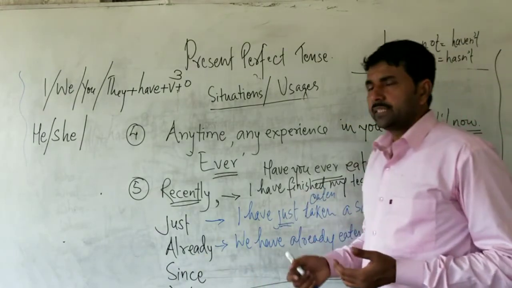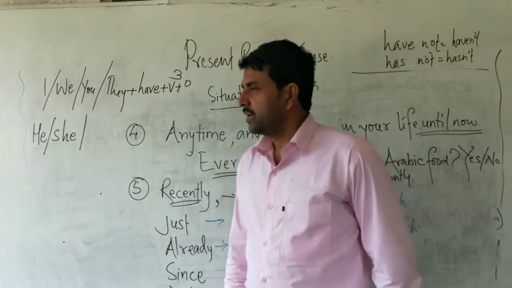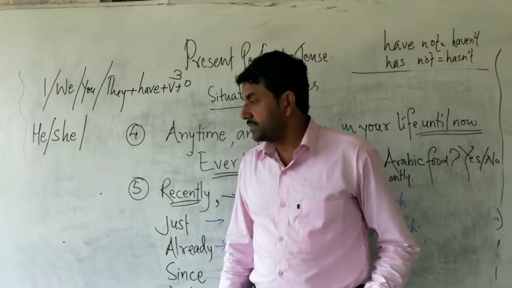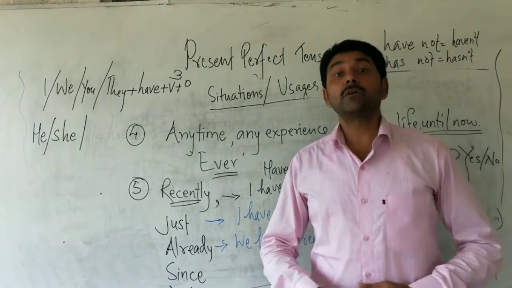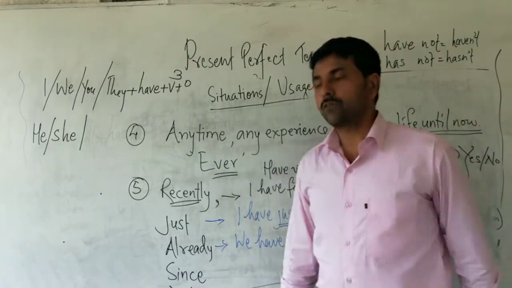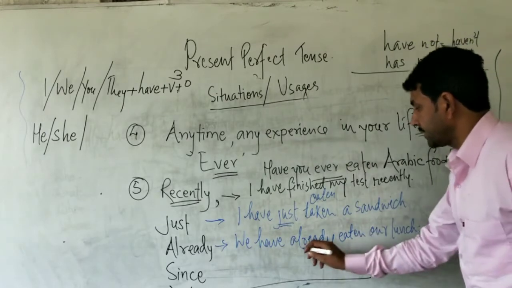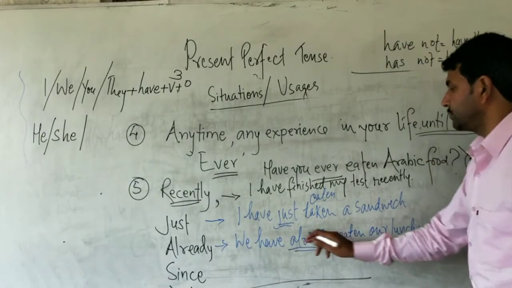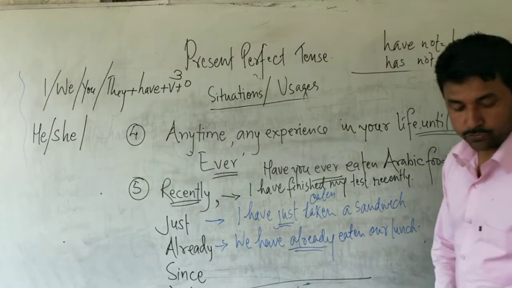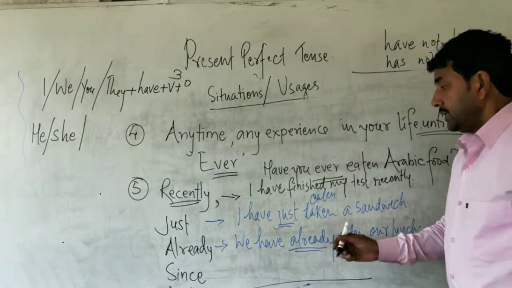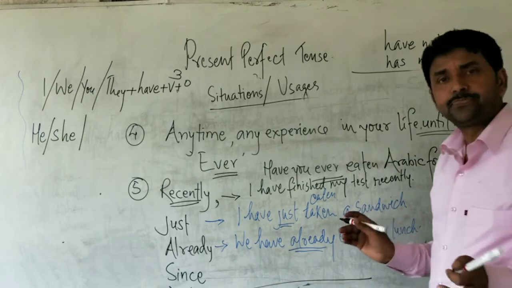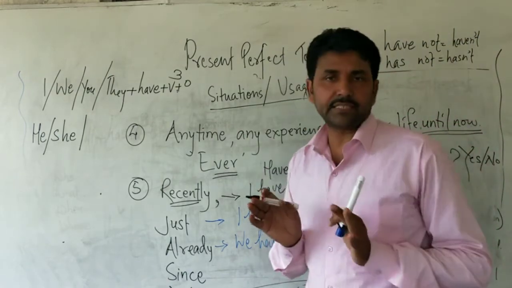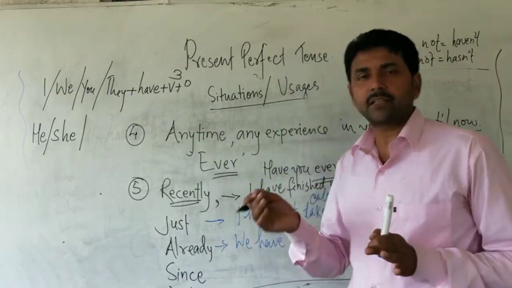If somebody offers, would you like to take lunch with me? You can say, we have already taken our lunch. We have already finished our lunch. So here, already is also used between the two verbs, for anything which is already completed and the exact time is not known. Again here, until now.